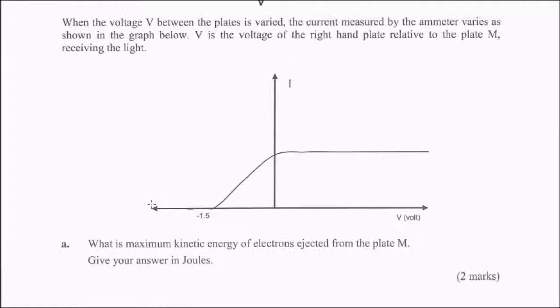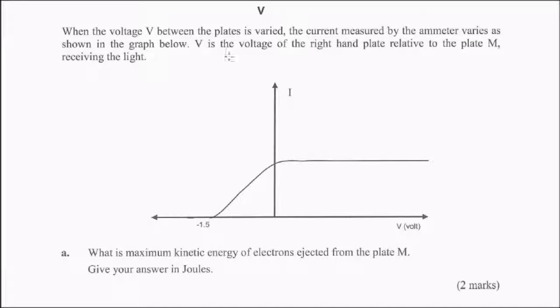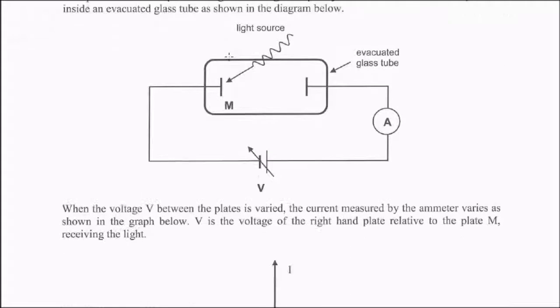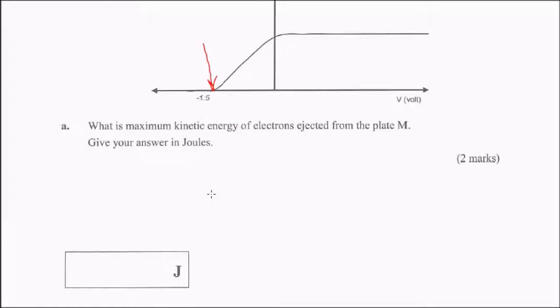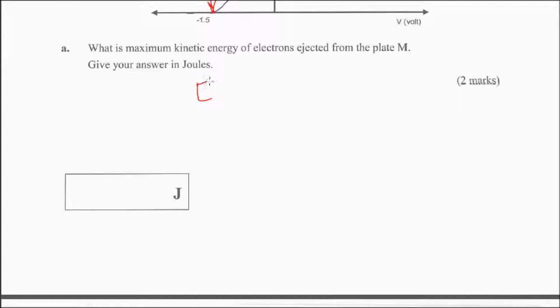Now, this graph is showing us what's happening to the current as the voltage is adjusted in the circuit. You can see down here that when we've got 1.5 volts, we have no current flowing, so this is our stopping voltage. That corresponds to the maximum kinetic energy. So in this case, we know that our maximum kinetic energy is 1.5 eV.